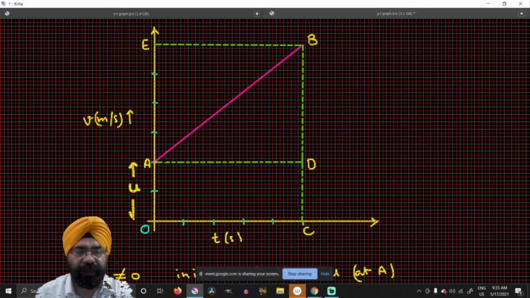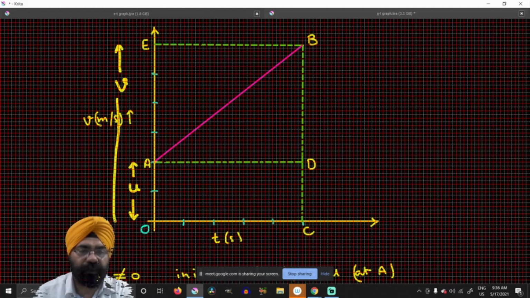Now I say that the body uniformly accelerates for a period of time t, and its velocity changes to v. Then in the graph, OE is equal to the final velocity, that's v. OE is equal to v.